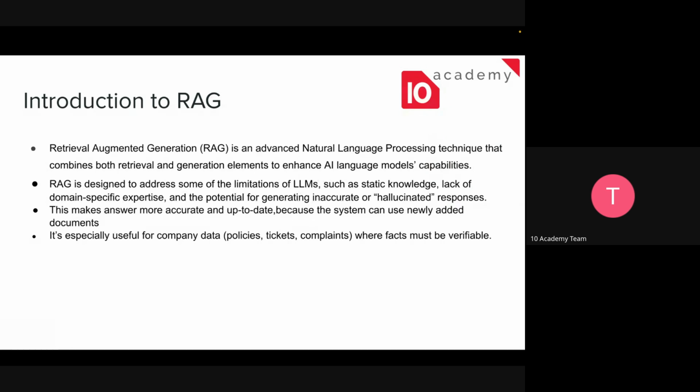Generally, with LLMs like ChatGPT or Gemini, they give you an answer based on the data they were trained on, not specifically your document. But what if you have an internal document, or in our case, a list of complaints from our customers?